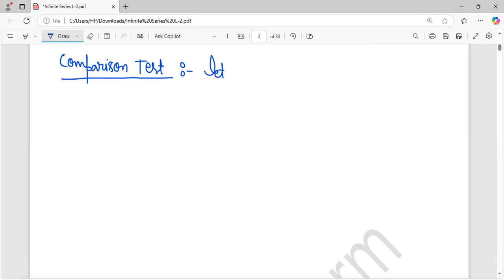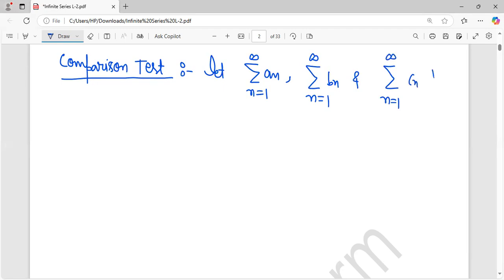Let summation n goes to 1 to infinity an, summation n goes to 1 to infinity bn, and summation n goes to 1 to infinity cn be three series with non-negative terms.